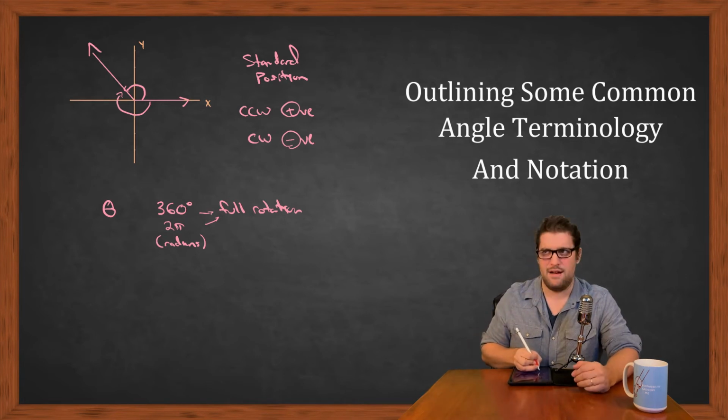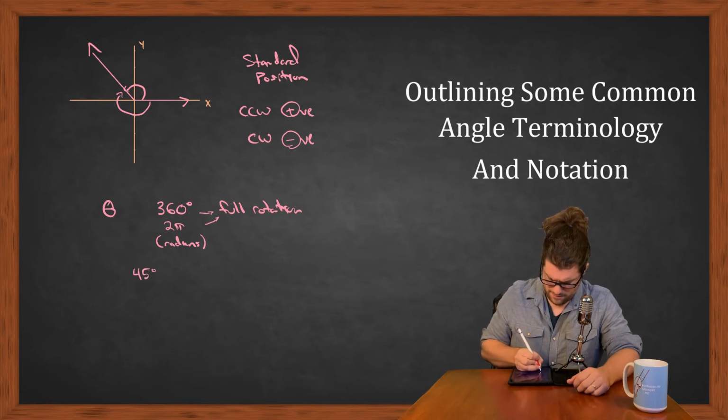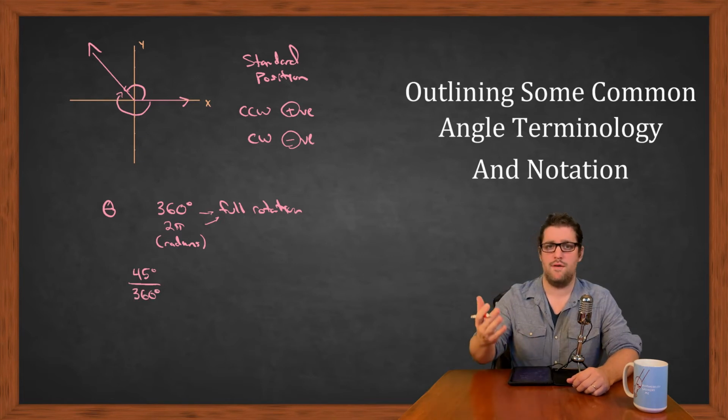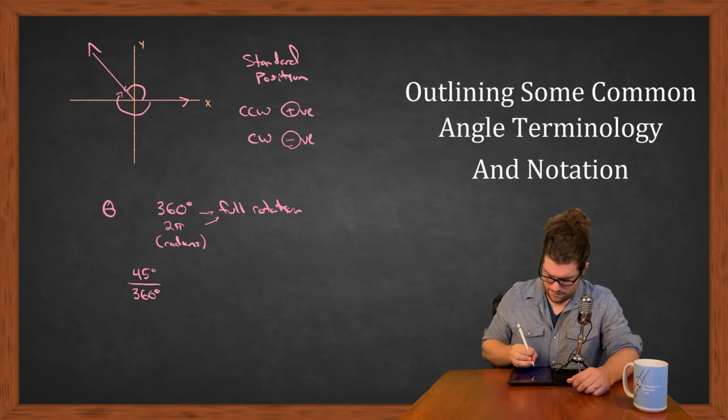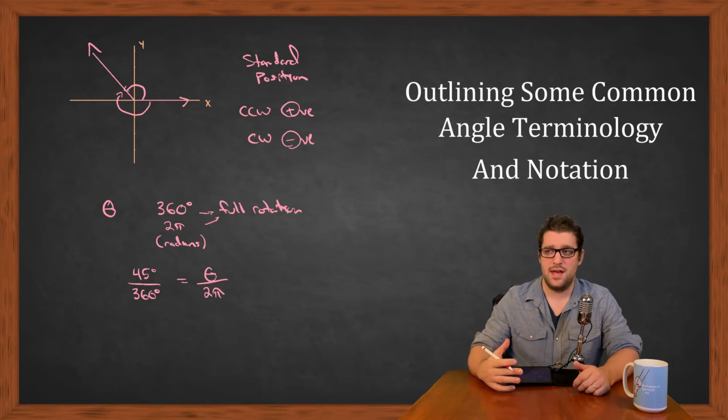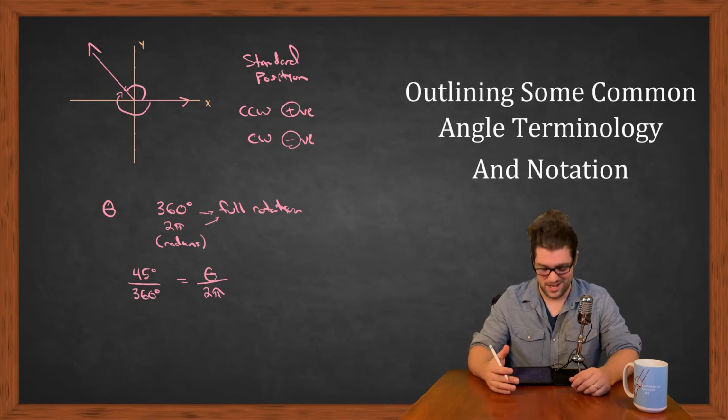So if you ever have, for instance, an angle that's measured in degrees, we could say, well, if I have a 45-degree angle, that is a particular ratio of one full rotation, which would be 360 degrees. If I were instead to take a look at that same angle, but it's measured in radians instead, it would be that many radians out of 2 pi full rotation in radians.